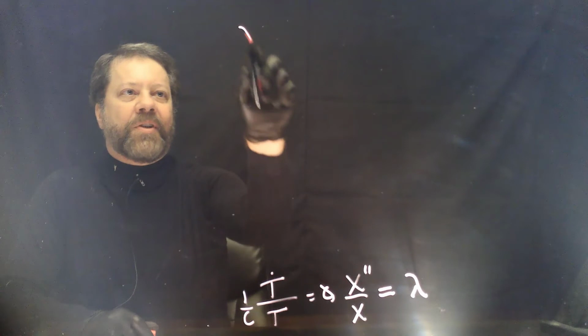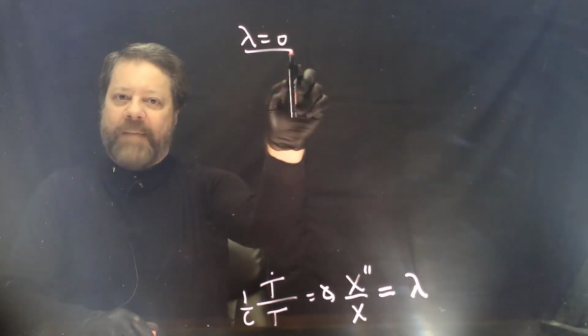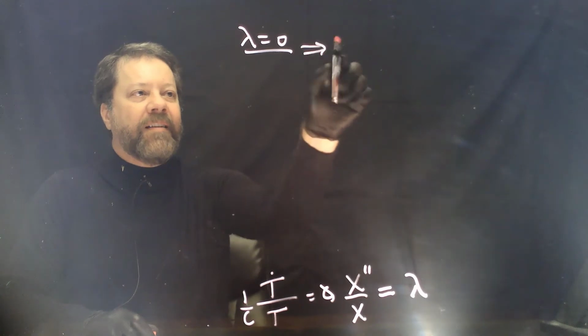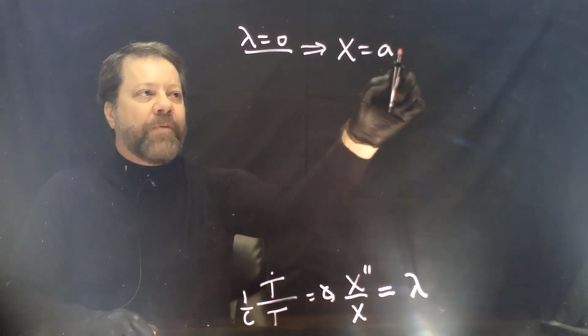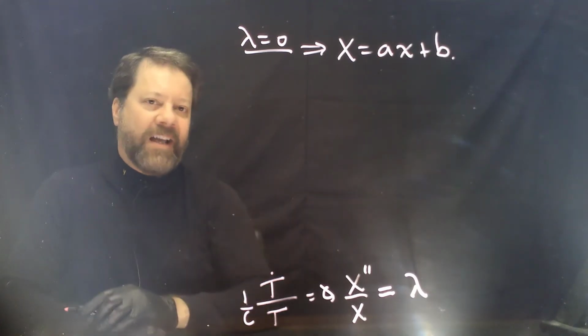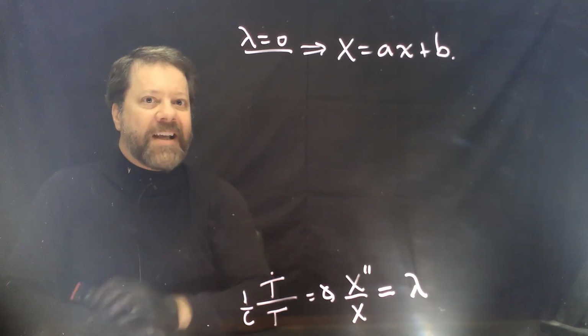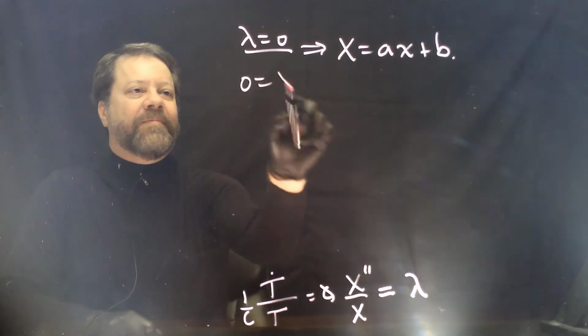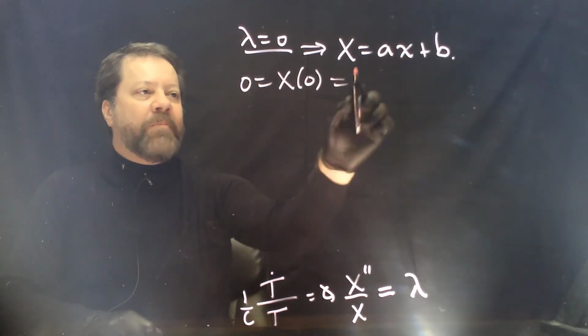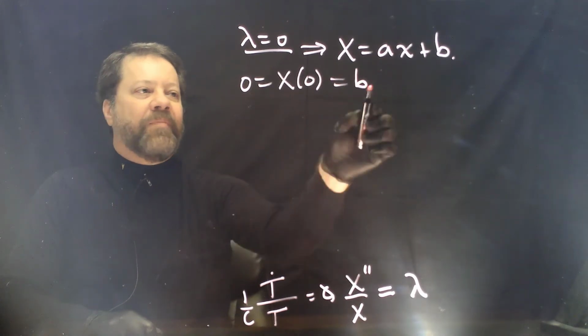Let's assume to start that lambda is 0. If lambda is 0, then X has to be of the form ax plus b for some constants a and b. But to satisfy the boundary data, X at 0 will have to be 0, and that implies that b is 0.